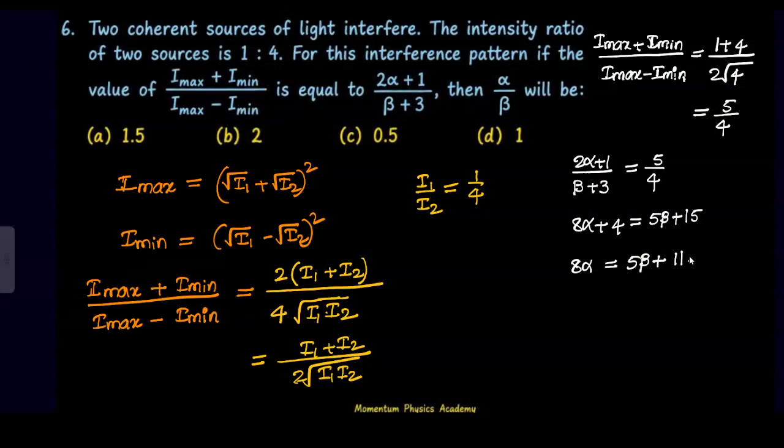Now we need alpha by beta. Okay, but we are not able to get it directly. So you can check the options to see which can satisfy.